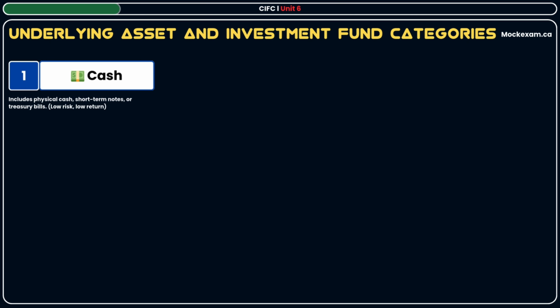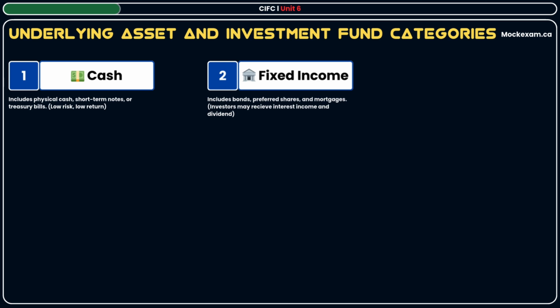The second type of underlying asset is fixed income. This fixed income includes bonds, preferred shares, and mortgages. Investors may receive interest income and dividends when the mutual fund invests in fixed income.